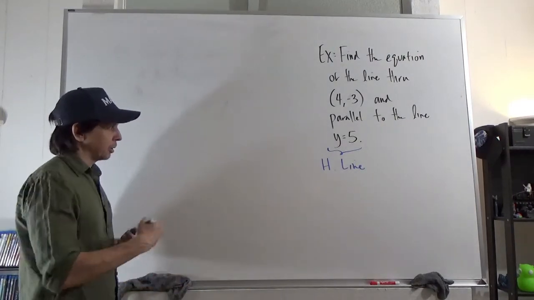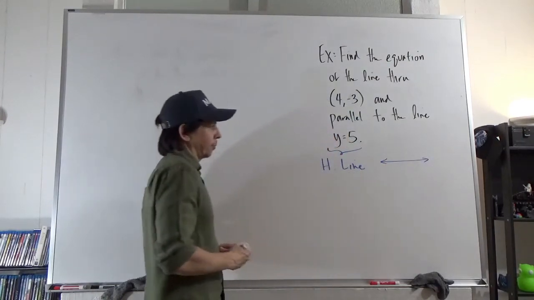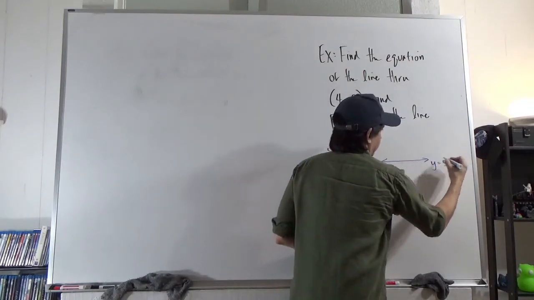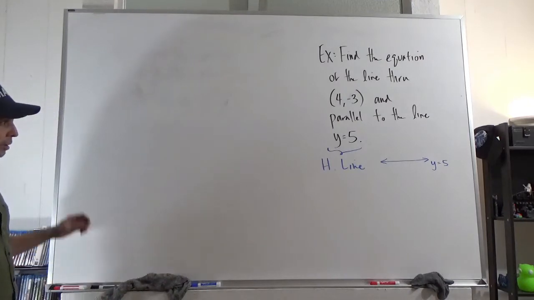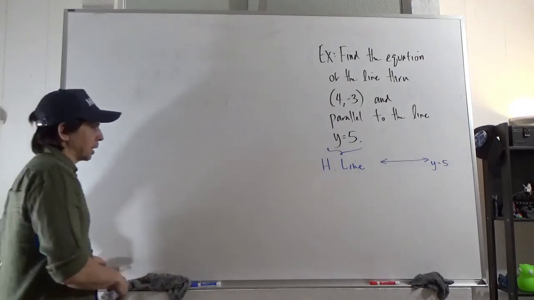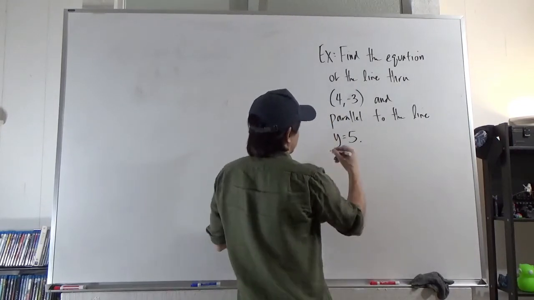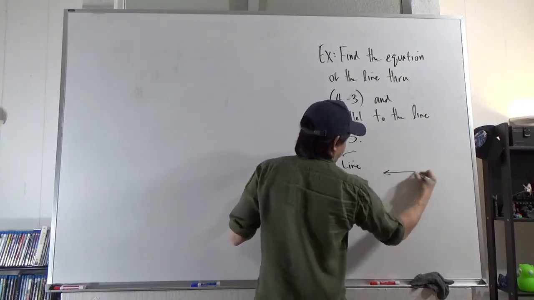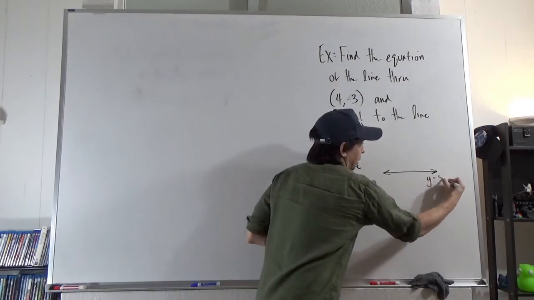Now I need to imagine, if I have a horizontal line, y = 5, let me even label it, and I want another line. That's their line. I should have drawn it in black, but that's their line. This is a horizontal line. I'm not being graphically accurate, I just want to draw a horizontal line and label it y = 5.